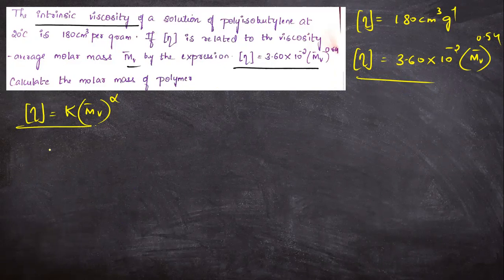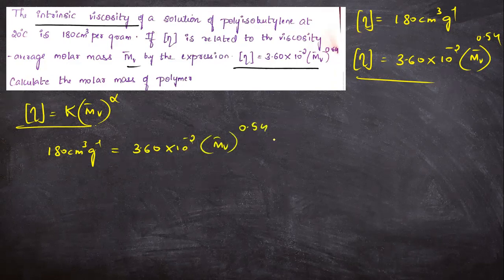Eta value they have given, 180 centimeter cube per gram, which is equal to K, 3.60, into M raised to 0.54. Right. So just take this 3.60 this side, it will be raised to 0.54, which is equal to... sorry guys, actually this is 0.64. 0.64 they have given in the question.